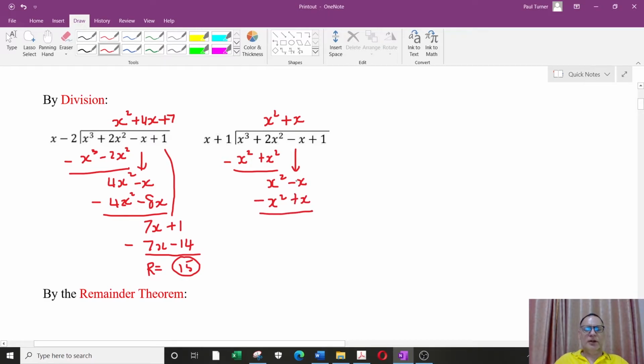Then we subtract. Minus 1, minus 2x. Bring down the 1. This must be minus 2. Minus 2 times x, minus 2x. Minus 2 times 1, minus 2. So we have 1 minus negative 2, which is 3. So the remainder for that question is 3. Let's move that up a little bit.